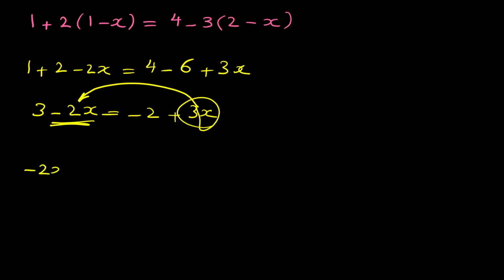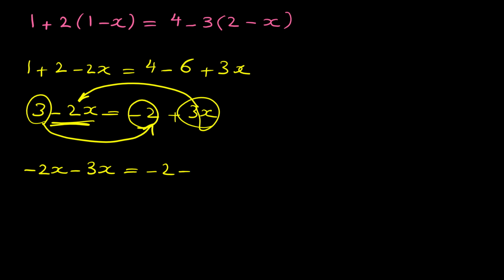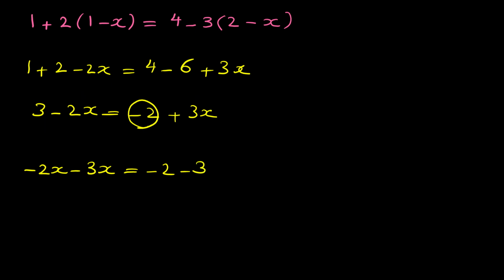Attention: negative 2x minus 3x is equal to, move this to the right, we already have negative 2, and we move 3 to the right, it would be negative 3. So now in the left we have negative 5x, and in the right we also have negative 5. Negative 2x minus 3x is negative 5x. Minus 2 minus 3 is minus 5.